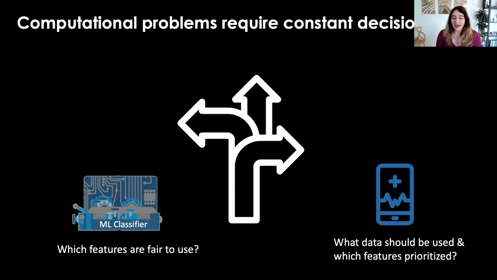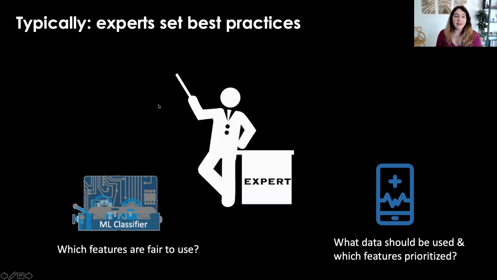And similarly, we have to decide what data is appropriate to use, how to protect it, and which features to prioritize in things like contact tracing apps. And typically it's experts who set these best practices. So security experts, for example, or machine learning experts in ML classifiers or in contact tracing apps, or public health experts who might think about what information they need in order to accomplish certain public health objectives.